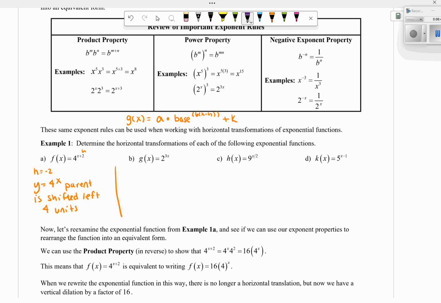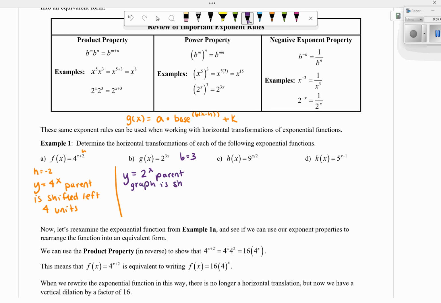Looking at question B here, the b value is equal to 3. So remember that horizontal stretching and compressing is opposite thinking. So y equals 2 to the x, since the base is 2, is the parent graph.